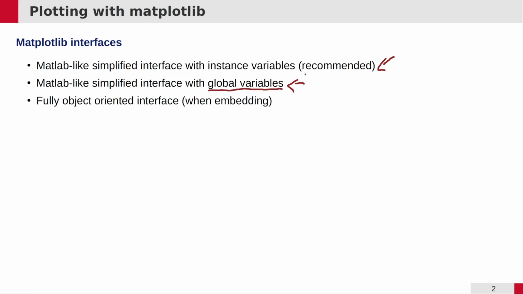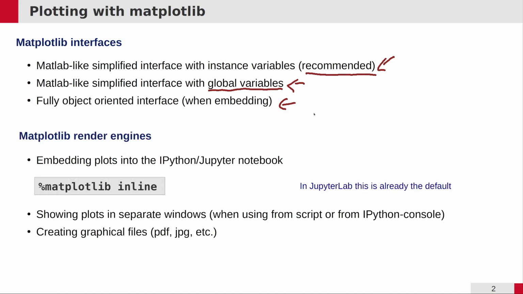So I would recommend the one I'm showing you, but transferring between the two is very, very simple. There is also a third interface, the fully object-oriented interface, which you would use if you are embedding plots created by matplotlib into your graphical application. I won't talk about that at all in this video.